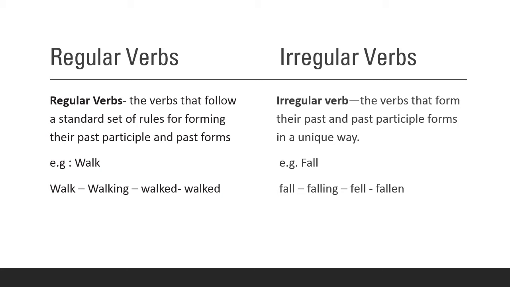But its past form is not falled, it's fell. Even its past participle form is not formed by adding ed, it's fallen. So irregular verbs do not follow the pattern of forming their past form and past participle forms.